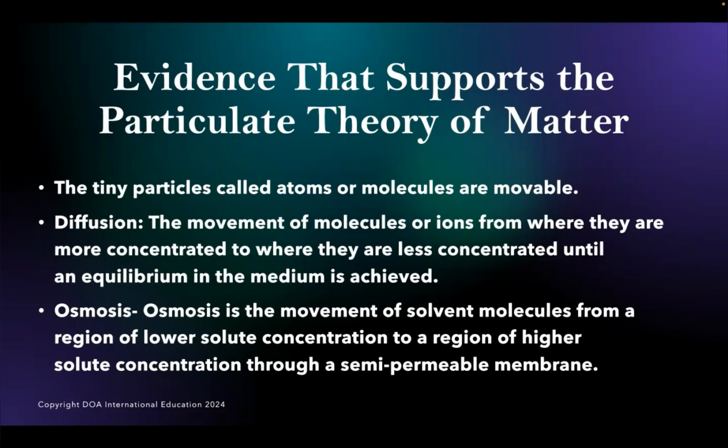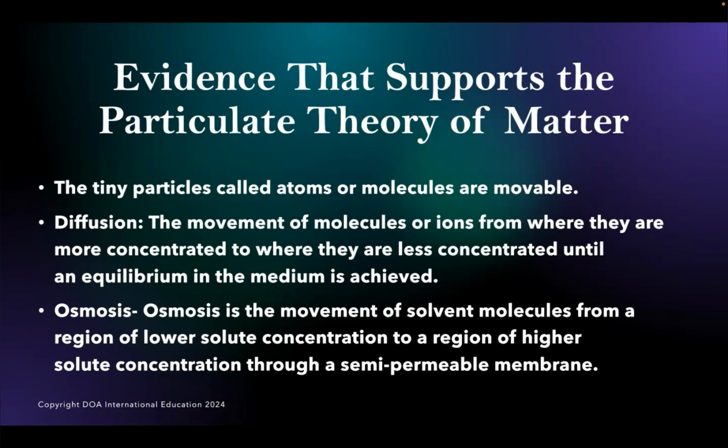Now, recall the second postulate or proposition was that tiny particles called atoms or molecules are movable, meaning that the particles can move around in a random fashion. How can we test if this is true? We can use two processes. We can use diffusion and osmosis.